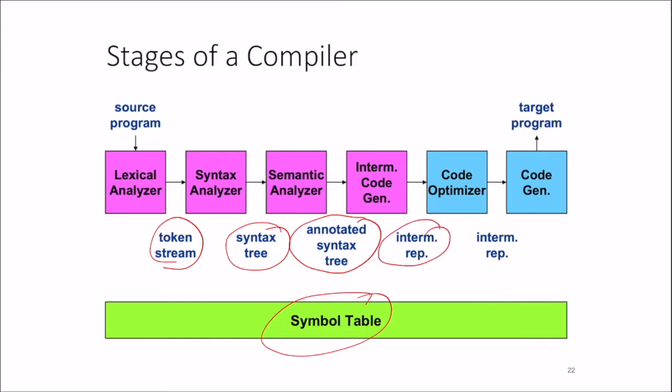We create an IR from the abstract syntax tree. And then from the intermediate representation, we can optimize the IR to get an optimized version. And then it goes through the code generation and produces an assembly output, which can then be converted into an object file or a binary executable.